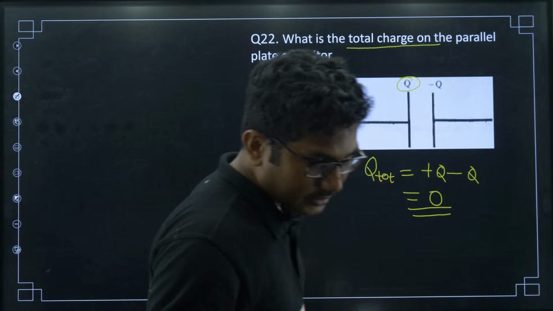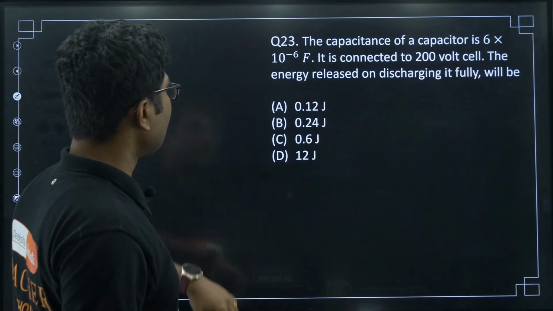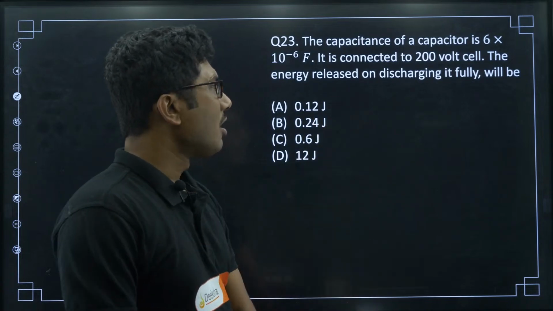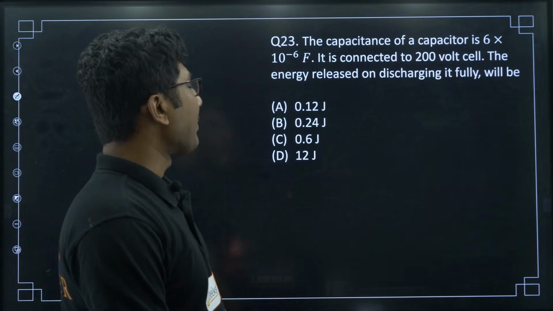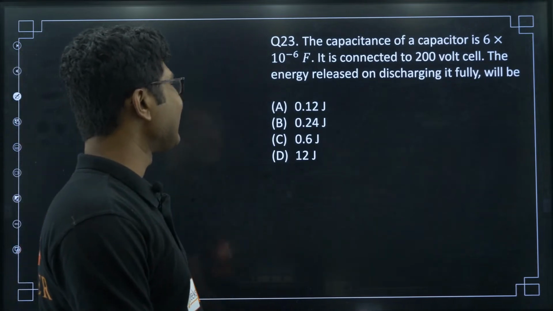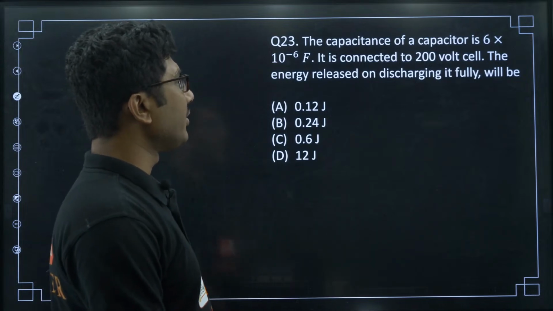Now, the next question is question number 23. This is a small numerical question, I think from your model question paper. The capacitance of a capacitor is 6 times 10 to the power of minus 6 farad. It is connected to a 200 volt cell.